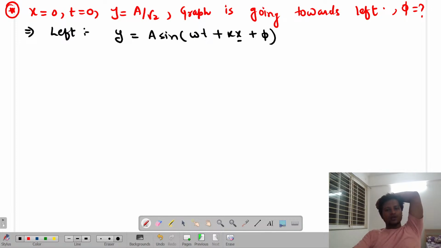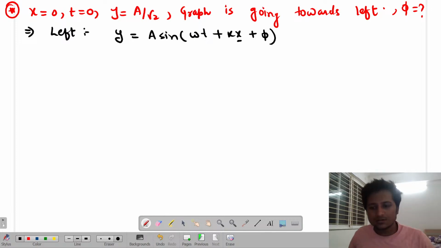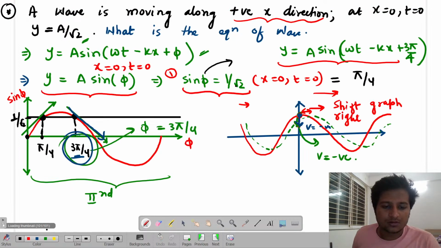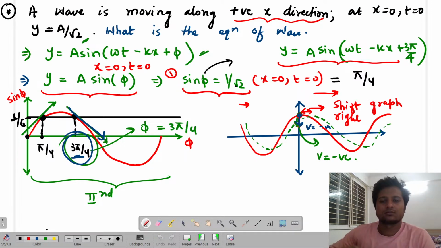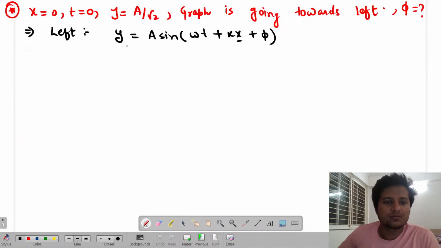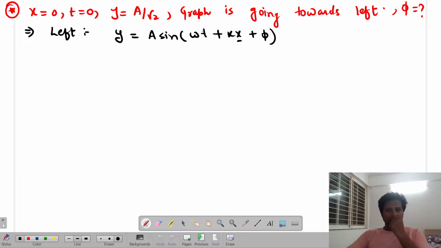X becomes positive here. So basically a left going wave is represented by y equal to a sine omega t plus kx plus phi. Are you able to get me or not?